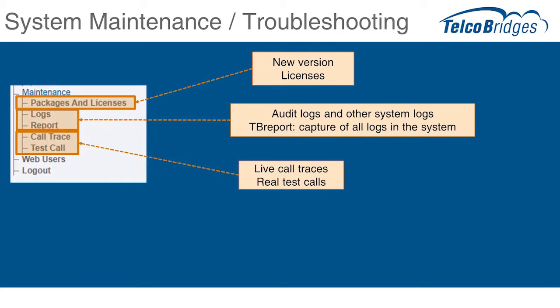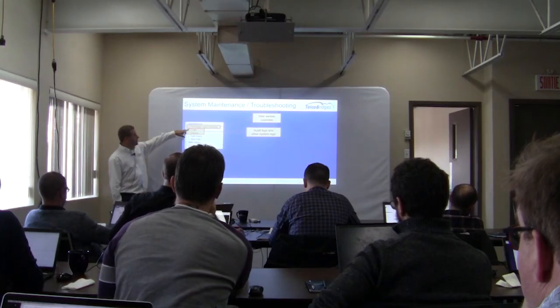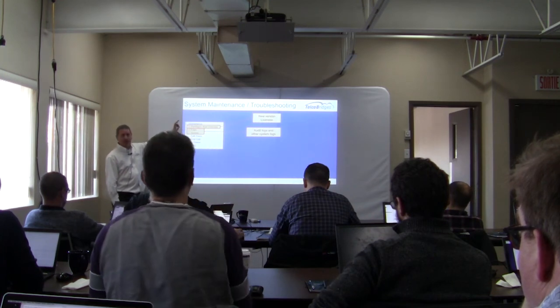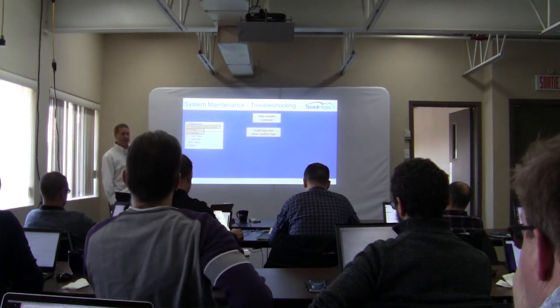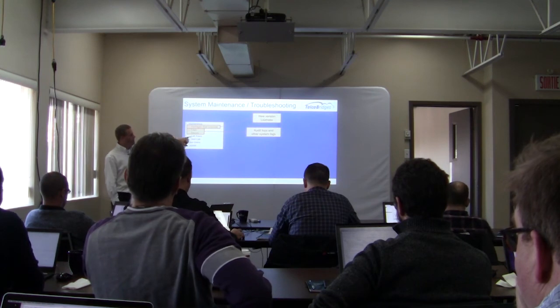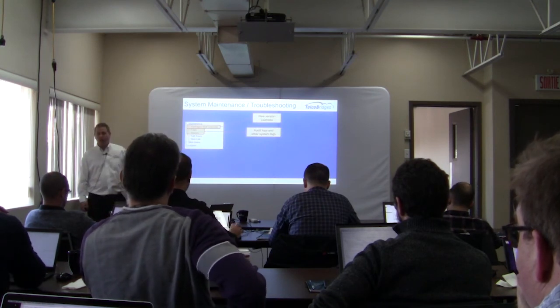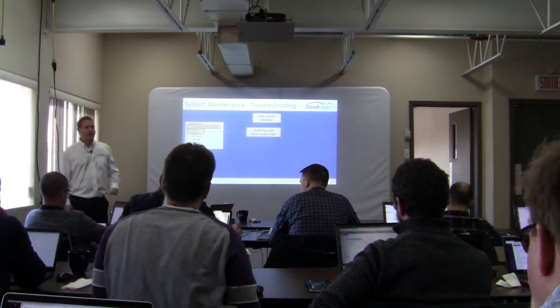In the maintenance section: new versions, packages, licenses. So if you want to upgrade your license or install your new version. Your audit logs are here, so you can go here and see what has been changed in the configuration. You also have other system logs accessible from the web interface.